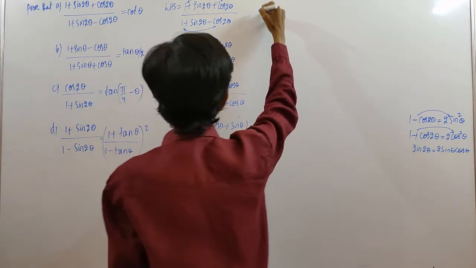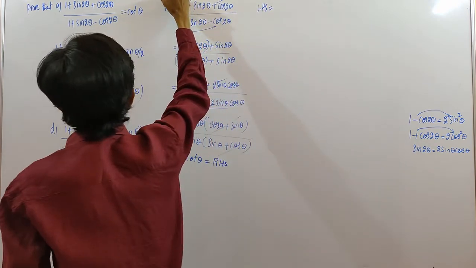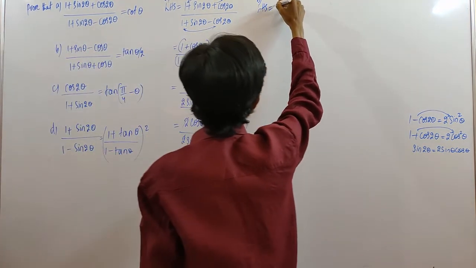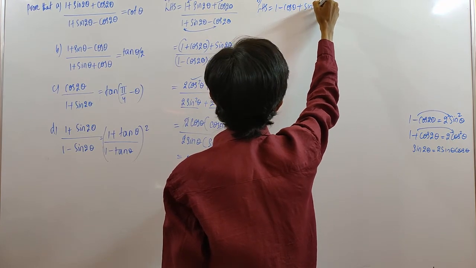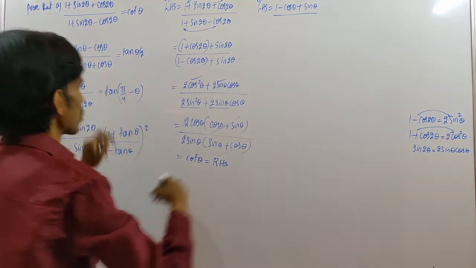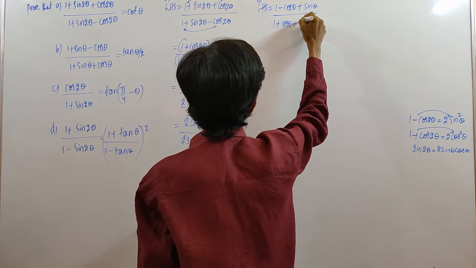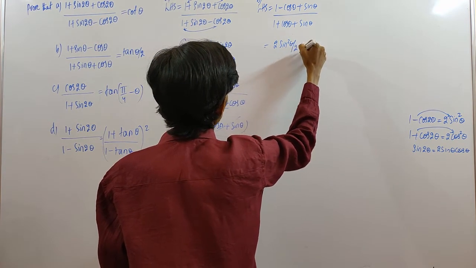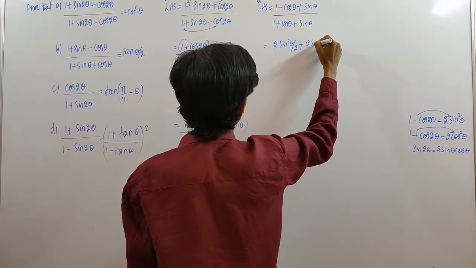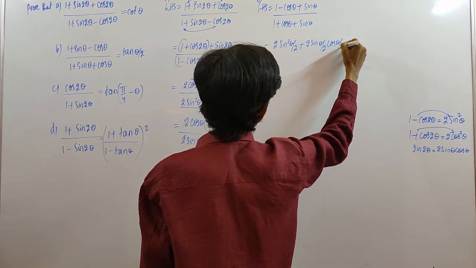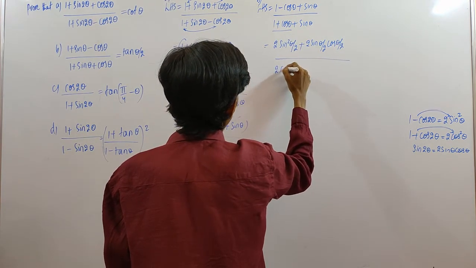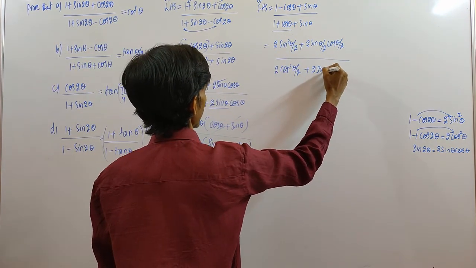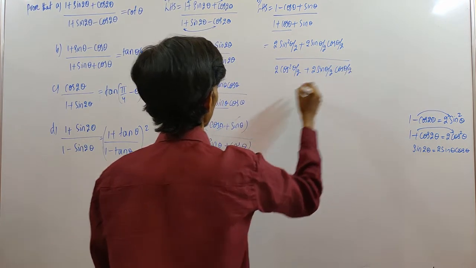Let us take the LHS of B. Take first and last: 1 minus cos theta plus sin theta divided by 1 plus cos theta plus sin theta. 1 minus cos theta is 2 sin square theta by 2, plus sin theta can be written as 2 sin theta by 2 cos theta by 2, divided by 1 plus cos theta which is 2 cos square theta by 2, plus sin theta as 2 sin theta by 2 cos theta by 2.